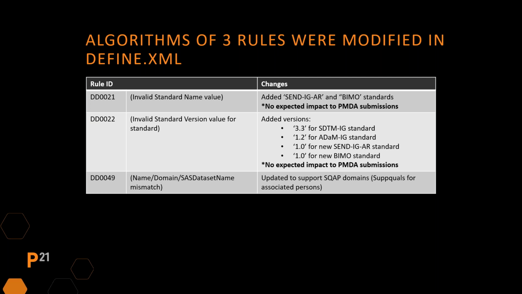For DD0022, 3.3 for SDTM IG, 1.2 for ADaM IG, and for new SEND IG animal rule, and 1.0 for new BIMO standards are added. But those added ones have no impact to PMDA submissions.